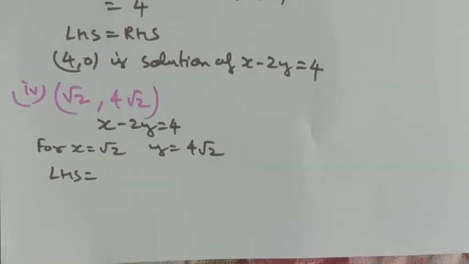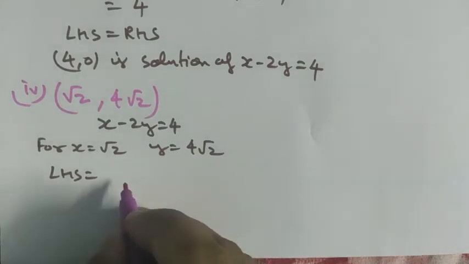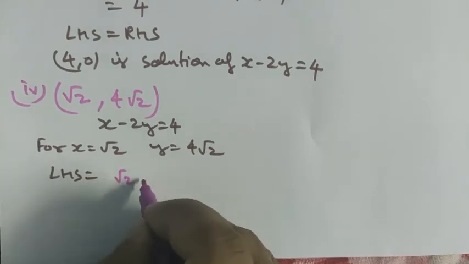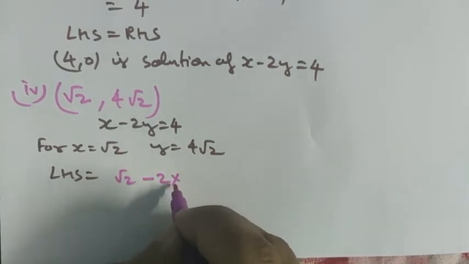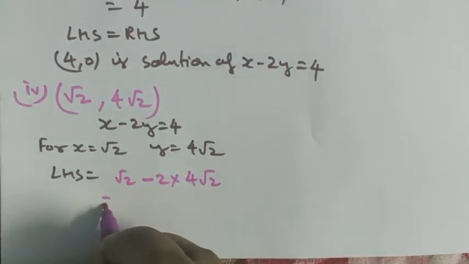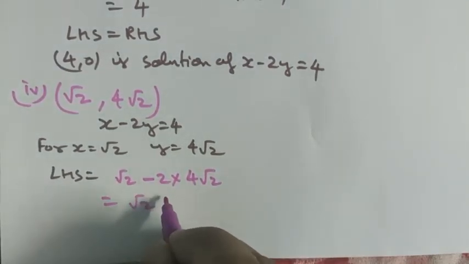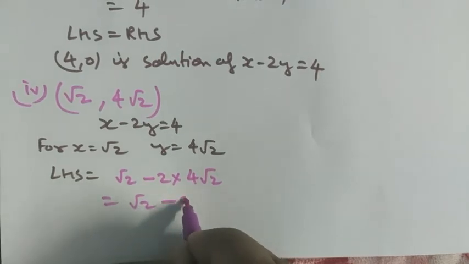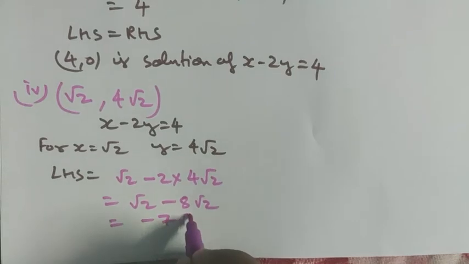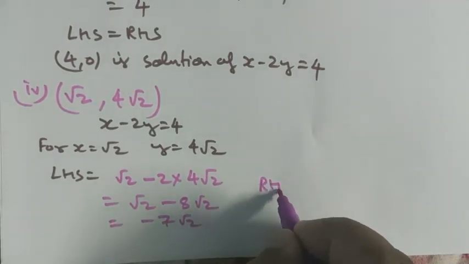Now here, fourth part, x equals root 2, y equals 4 times root 2. So x minus 2y can be written as root 2 minus 2 multiplied by y, where y is 4 times root 2. So LHS will be root 2 minus 8 root 2, that is minus 7 root 2. RHS is 4.